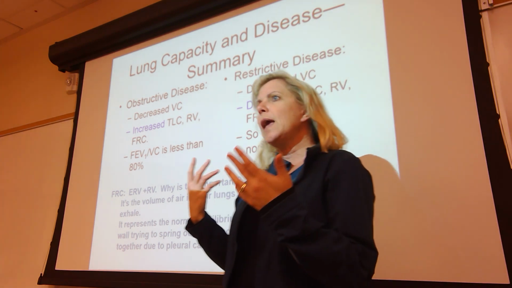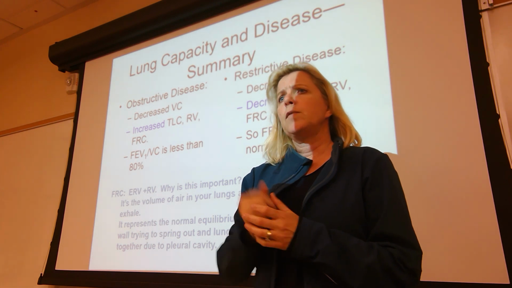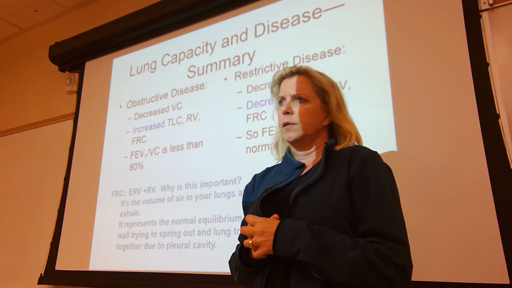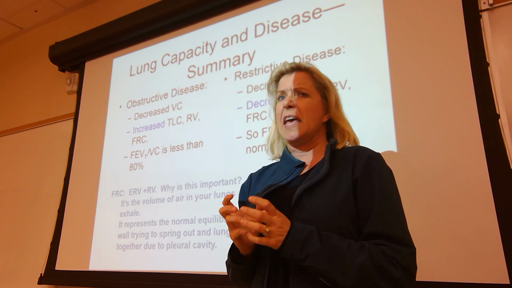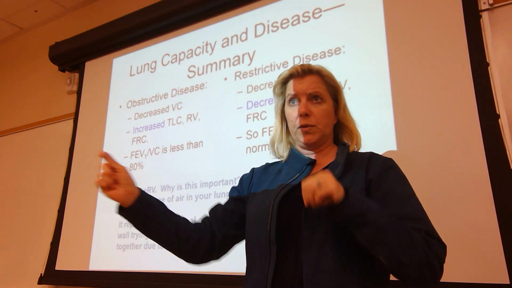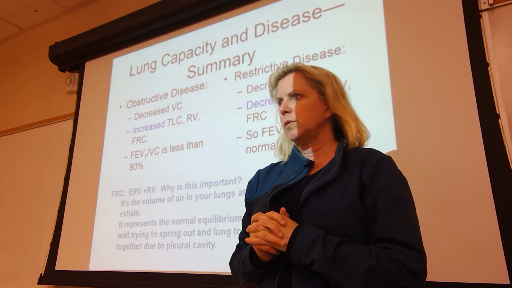And you're going to play little games probably in your head. What would you look like if you had a restrictive disorder? I'll give you the scenario. Let's say you have a huge anaconda snake coiled around you. Do you know how that snake kills you?